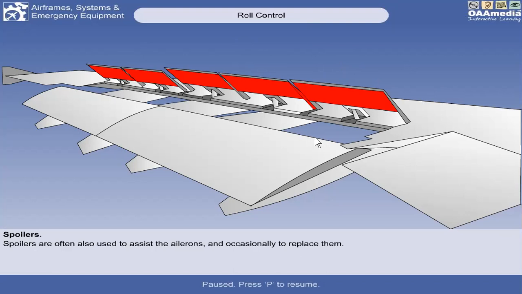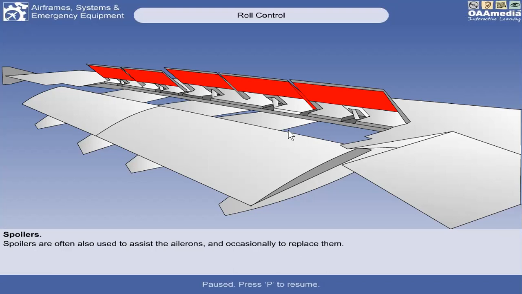Sa ailerons, or sa rolling, kadalasan natin ginagamit ang spoilers kapag, halimbawa, gusto mong mag-roll sa kanan, magde-deflect ka ng spoilers sa right wing para bumaba yung lift and mag-increase yung drag doon.